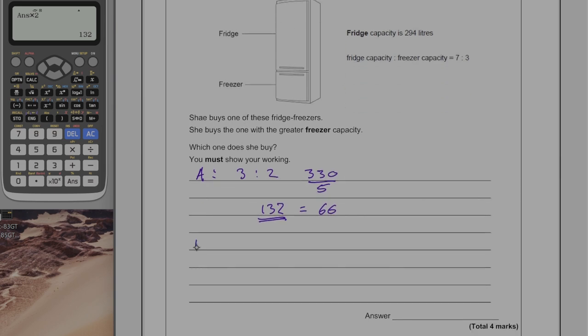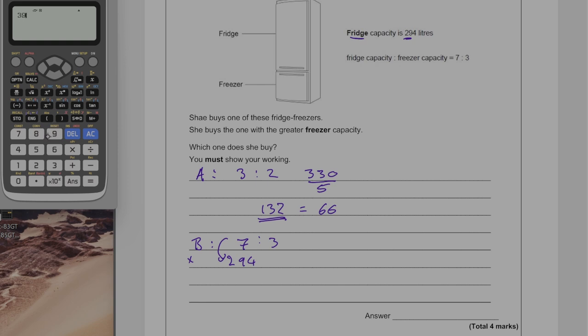For fridge freezer B, this time you're given the fridge has a capacity of 294. So we start with 7 to 3, and we've got 294 there. So to get from there to there, we're dividing by 7. I've mistyped there, I should have done a division symbol.